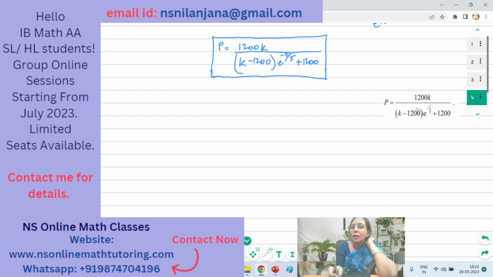So you see, these two expressions are exactly the same. In the numerator, we are having 1200 K over K minus 1200 times e to the power of negative t over 5 plus 1200. Exactly the same. So we have got 8 marks. 8 marks. Are you happy?